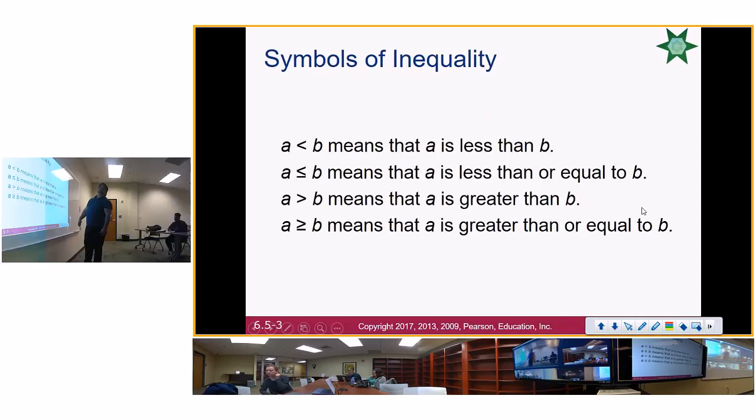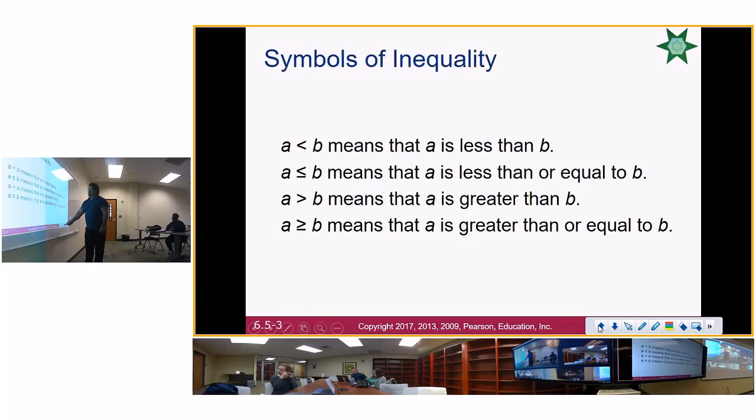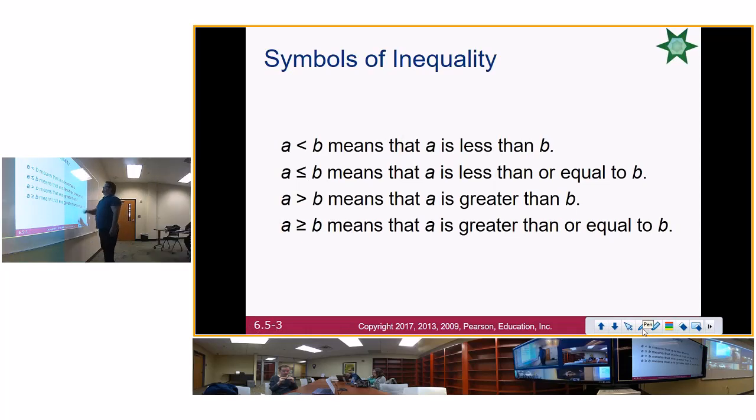There's your 4 symbols. Actually, that's incorrect because they're going with that philosophy. Bobby has to sit on the left side, and Jody has to sit on the right side. I can rewrite this. 2 is greater than x, or x is less than 2.